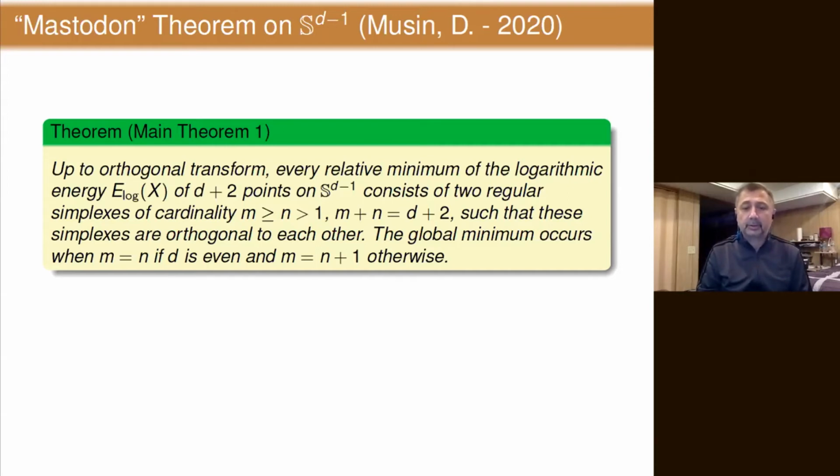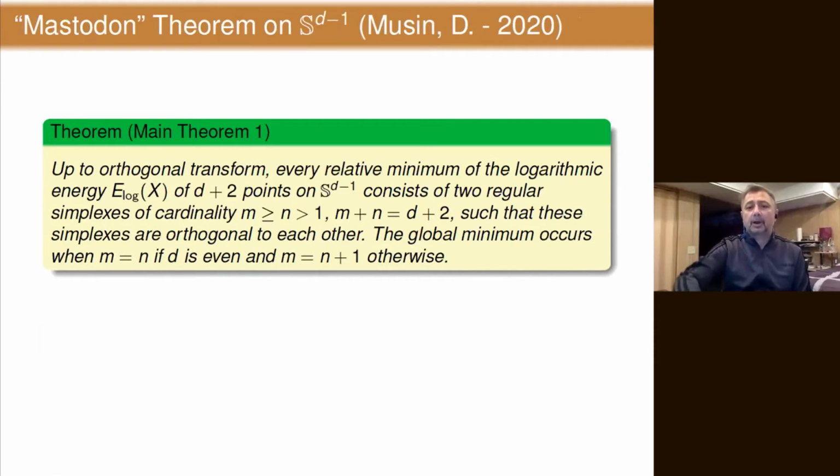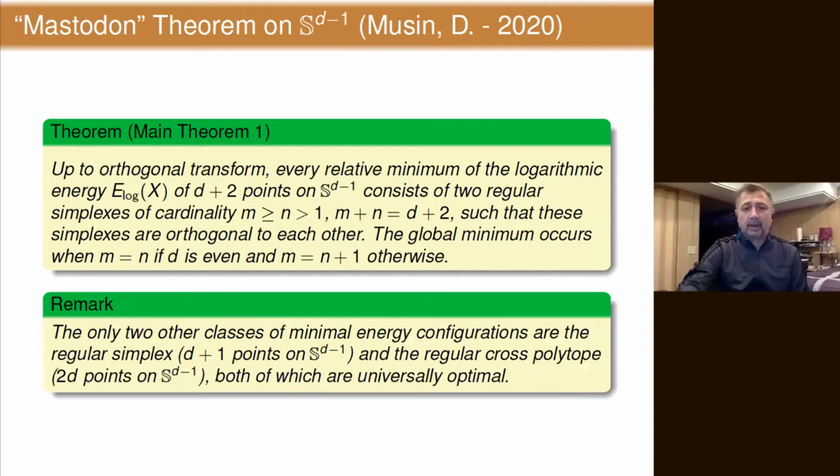Obviously, M could be assumed to be larger than N. Then the sum M plus N will be D plus 2, such that these simplexes are orthogonal to each other. The global minimum occurs when M is N, if D is even, and M is N plus 1 otherwise. So really, whatever we had here in 2016, the same goes in D dimension on S^(D-1).